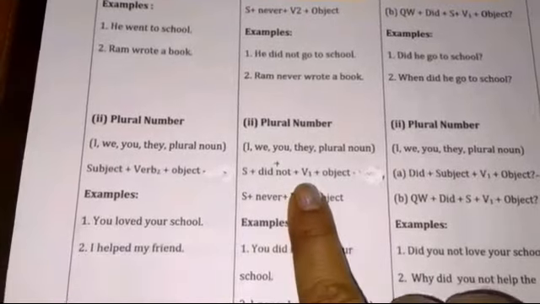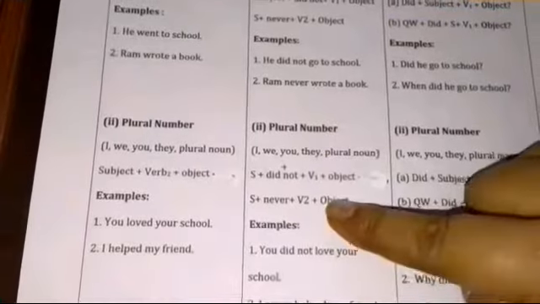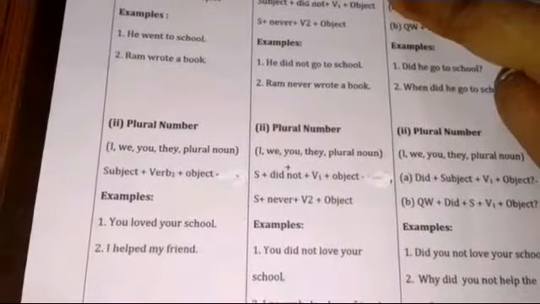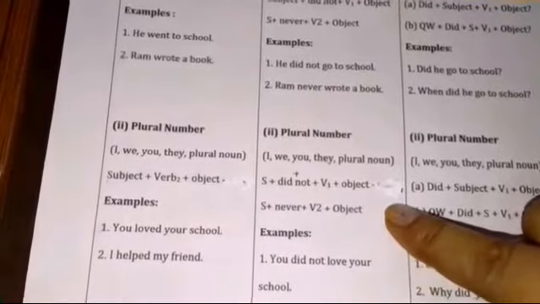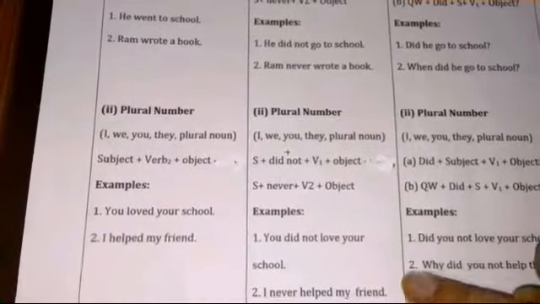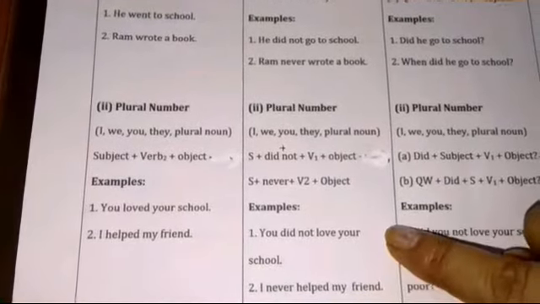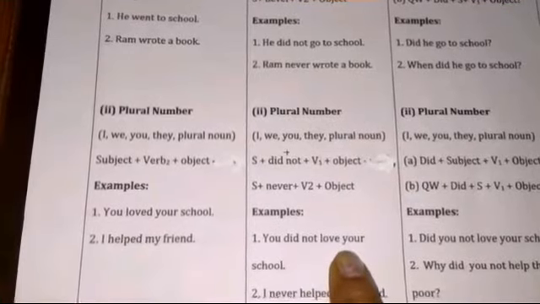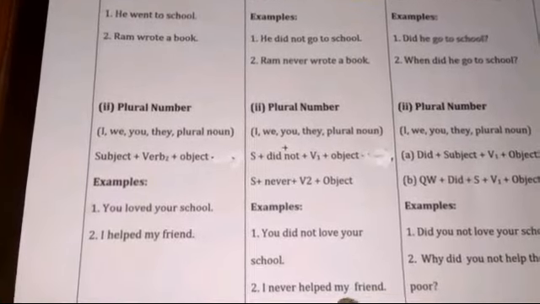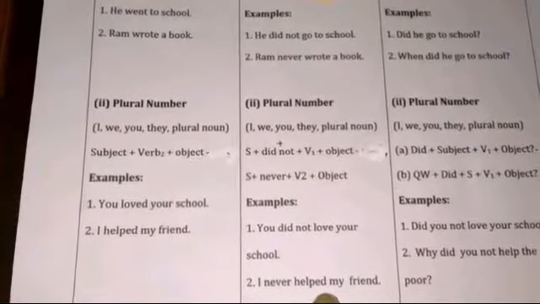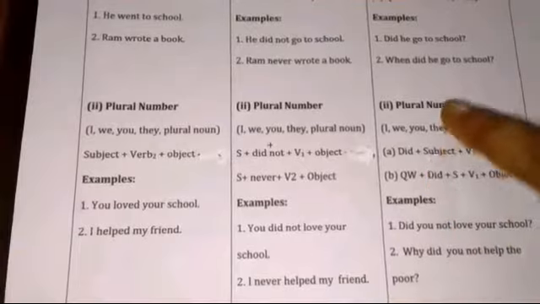So the same as we learned in singular number, the same is in the plural number. Now these are the examples. You did not love your school. So did not, V first. I never helped my friend. Never, V second. Okay, now let's move on.